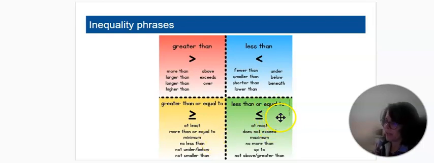For less than or equal to, the one in green here, words like the maximum, or does not exceed, or no more than tell you that you're going to use less than or equal to. Sometimes you need to use a test number in the problem to talk yourself through which symbol to use, but we'll practice it together.